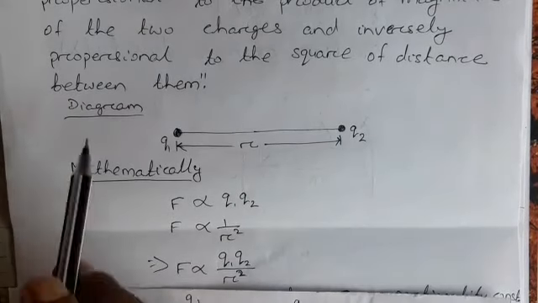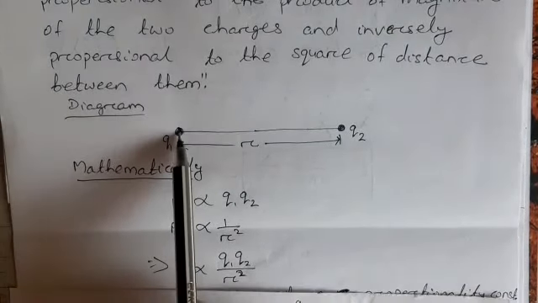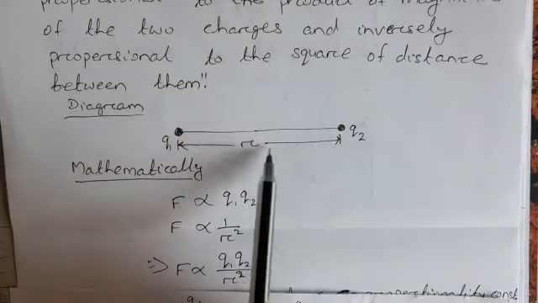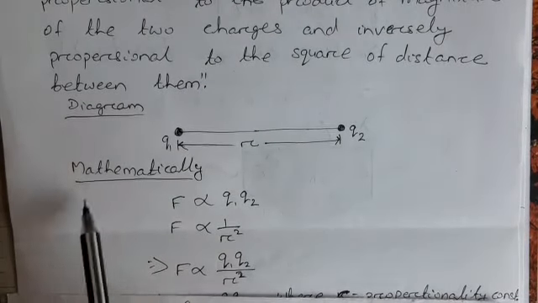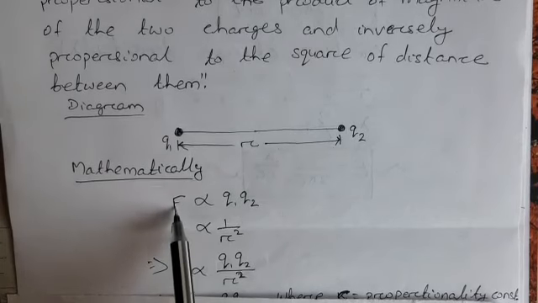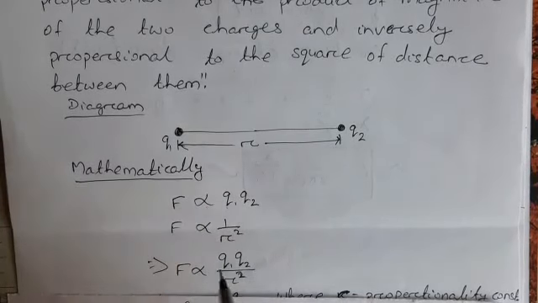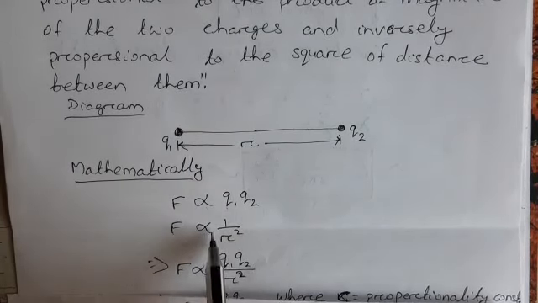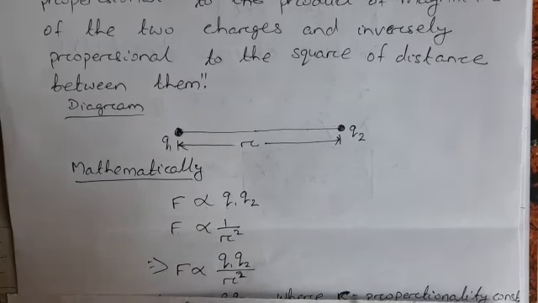Okay, so here I have taken the diagram: 2 point charges Q1 and Q2 separated by a distance R. According to the statement, mathematically F is directly proportional to Q1 and Q2, and also F is inversely proportional to R square.